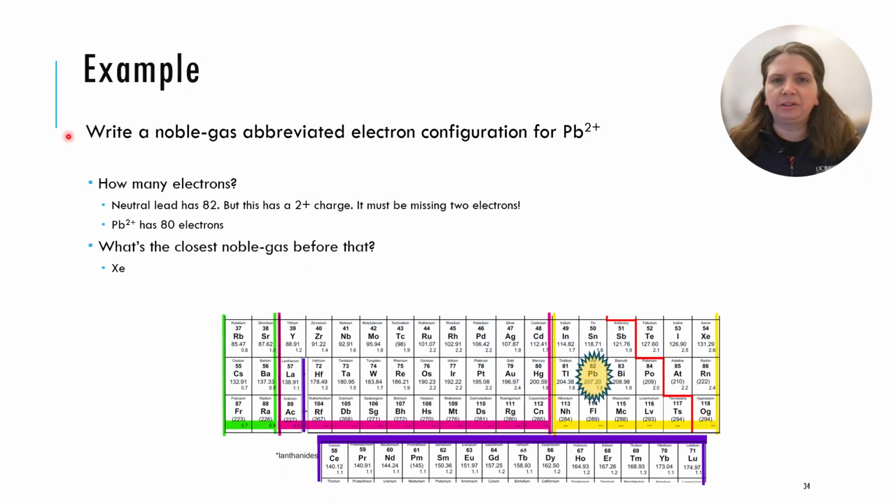Now let's do another example for a lead 2+ ion. Lead has an atomic number of 82, so a neutral atom has 82 protons and 82 electrons. A 2+ charge means it has lost 2 electrons, leaving 80 electrons. The noble gas before lead is xenon.